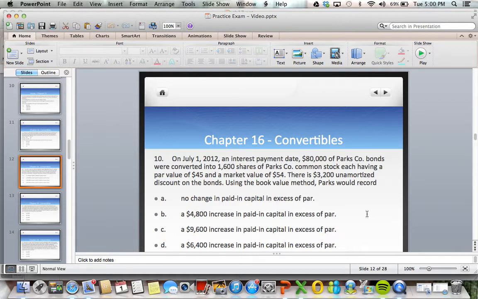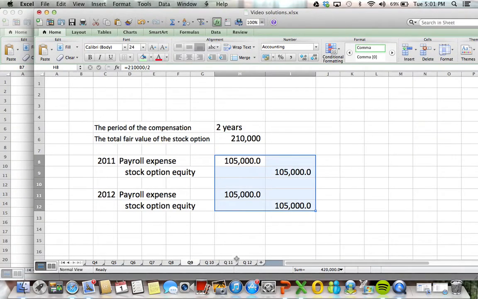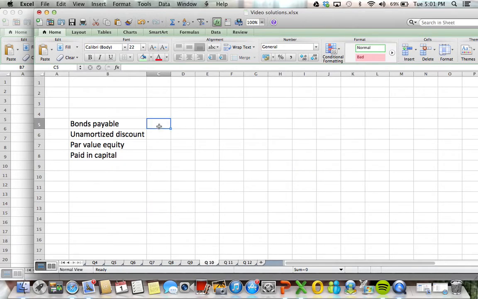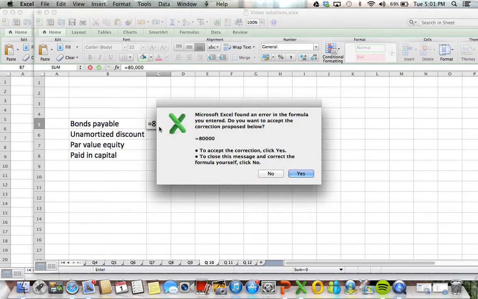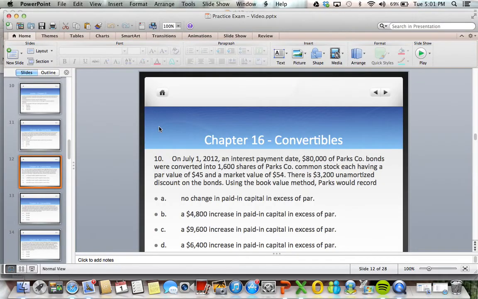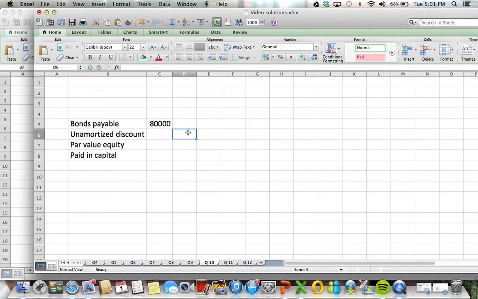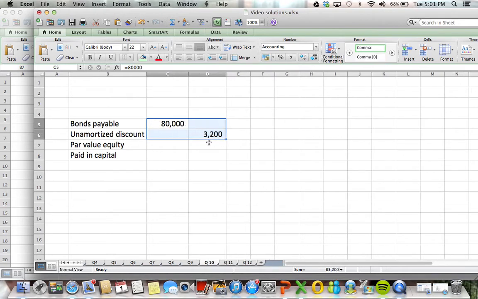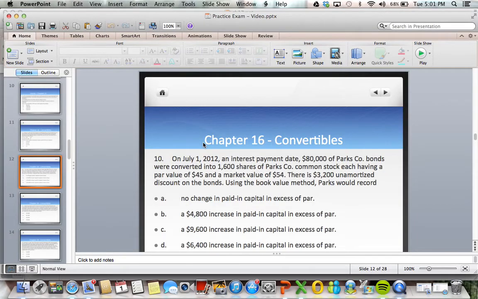So 80,000, right? What do we do in this journal entry first? How do we book it out? Bonds payable, we have 80,000 that we're going to debit. We had unamortized discount on bonds, so this was a debit account, so we have to credit it to get rid of it. Now we have par value equity. The par value is 45 and the market value is 54.